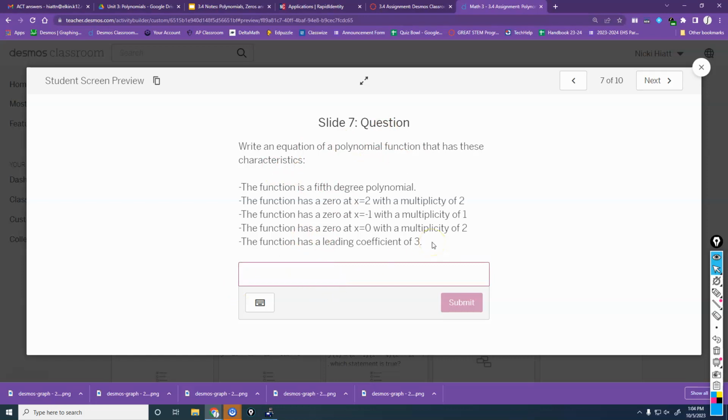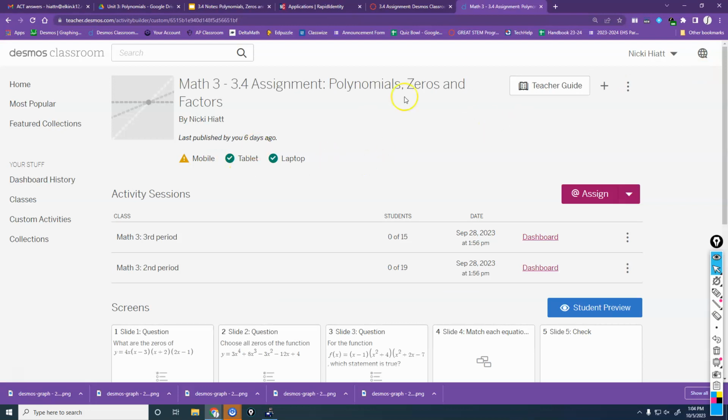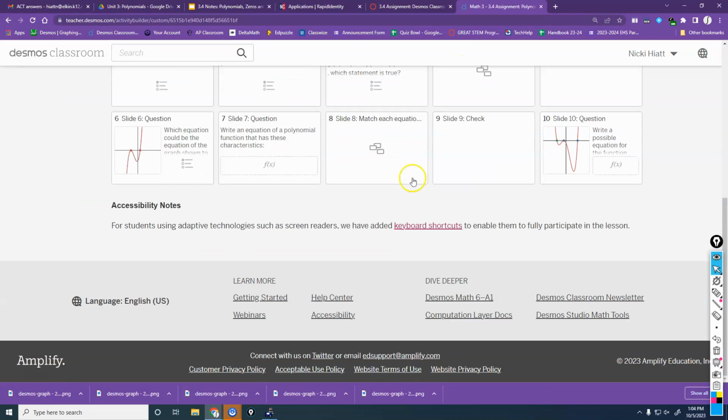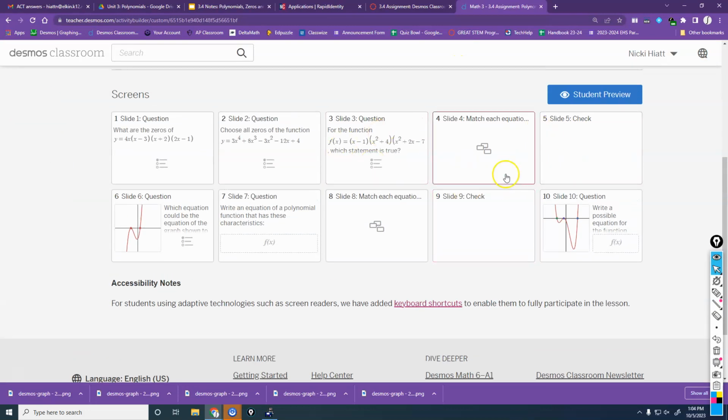So, you can type in f of x equals, and this will let you do like x minus 4 to the second if you want. It'll let you type it like math right there. So, there's 10, but 2 of them are check-in slides, so it's really just 8. Go ahead and get started on that. You can get hopefully a few of those done before you go.